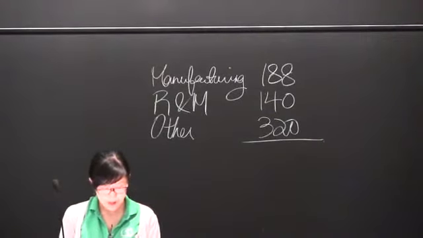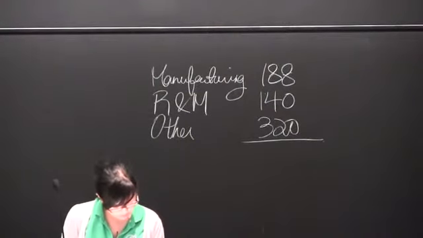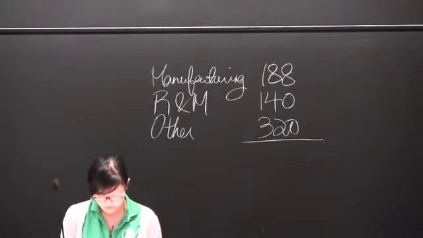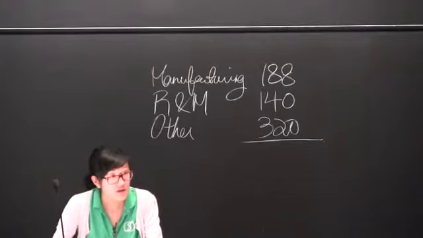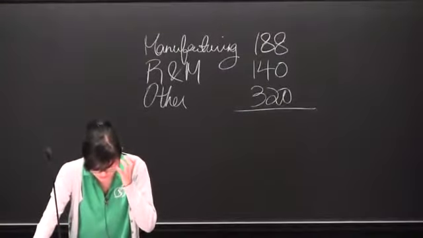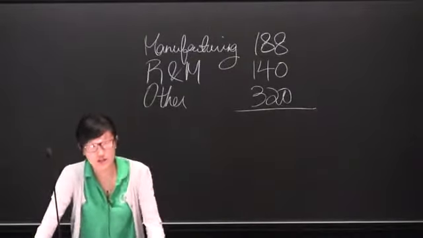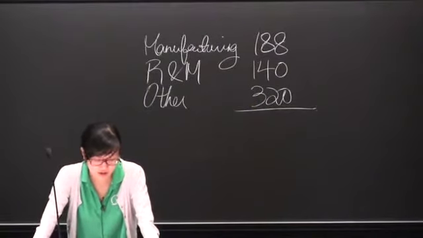Awesome. Okay, the last one requires a bit more thinking. Let's look at it. They want to implement target costing, so they want a certain amount of profit based on their cost.